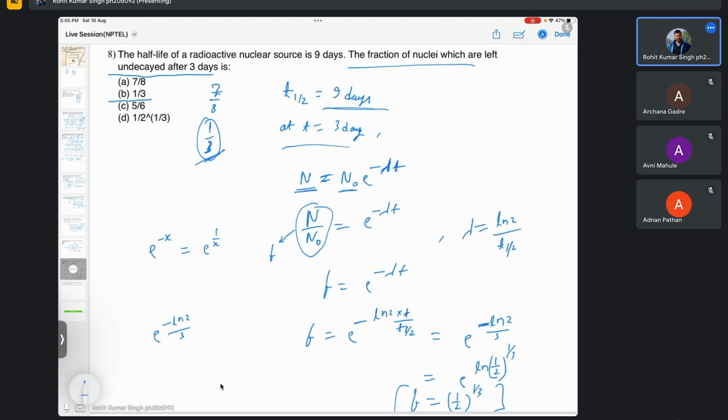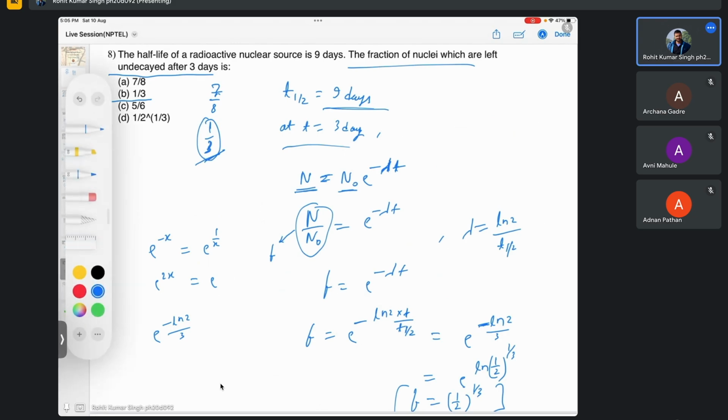And also, sorry, I'm talking about log: minus ln x is equal to ln 1 by x, and if you have 2 ln x, then it's x square.